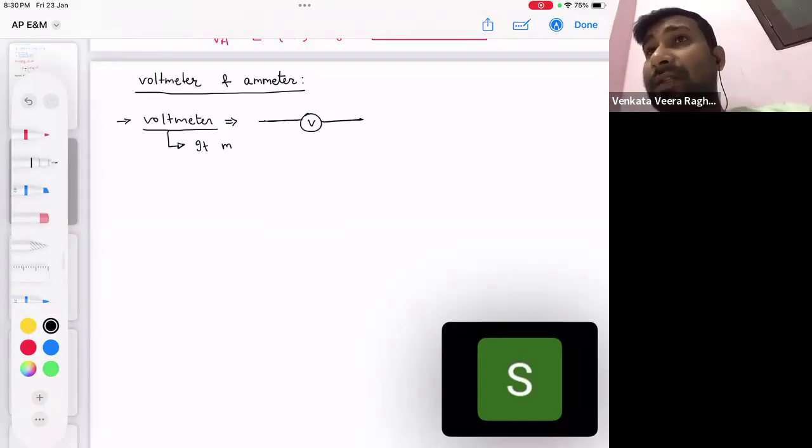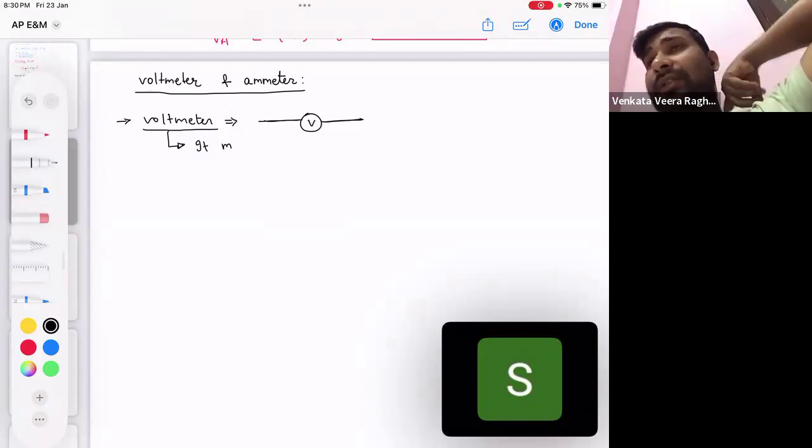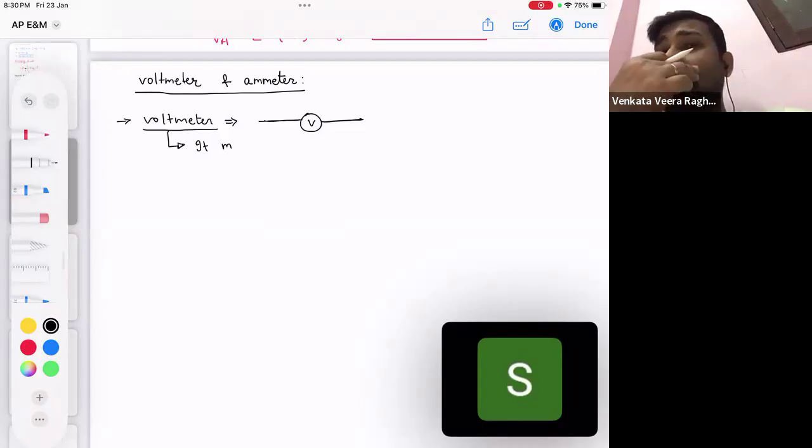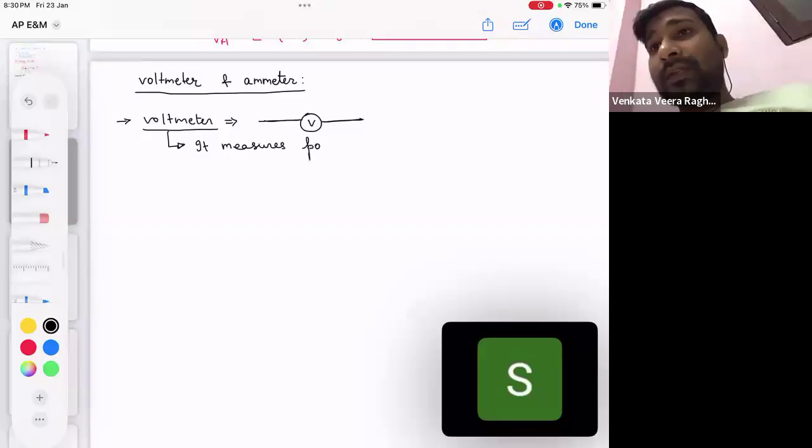We may want to measure the potential difference across a resistor or the cell or any inductor or capacitor, isn't it? If we want to measure the potential difference between any 2 points in the circuit, we use the voltmeter.